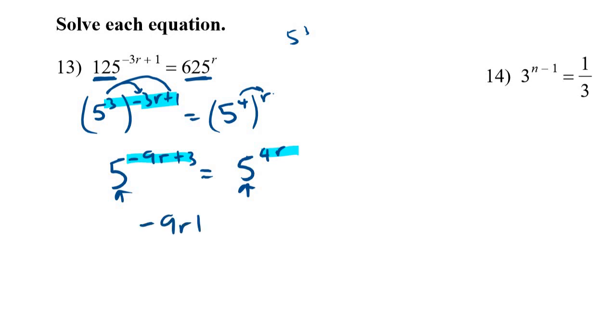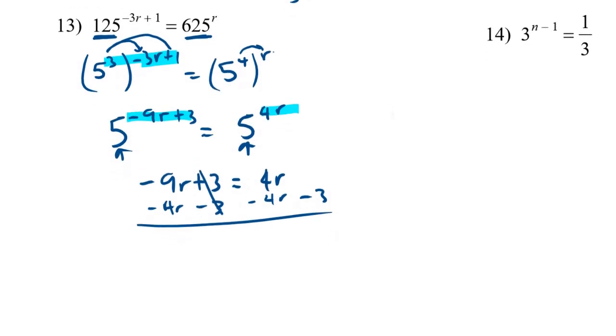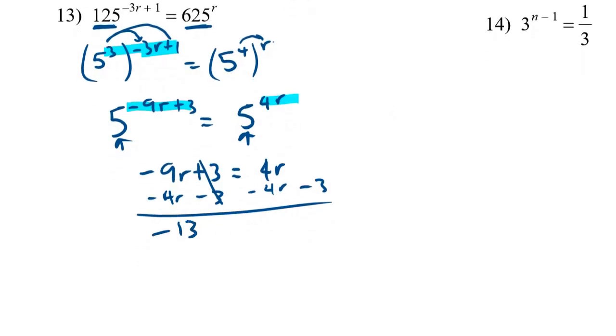Negative 9r plus 3 equals 4r. Well, I can take this negative 9r to the other side, like that, and then take the 3 to the other side. And now this is going to cancel, and then I will have negative 13r equals negative 3.